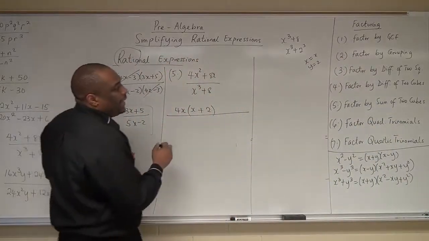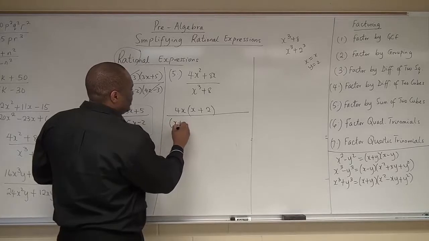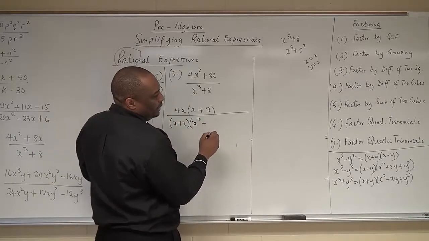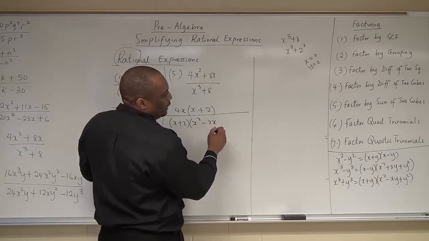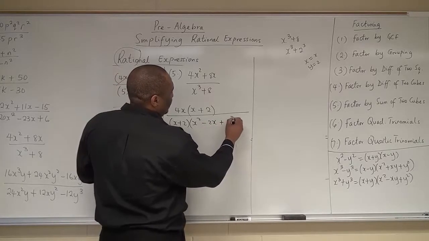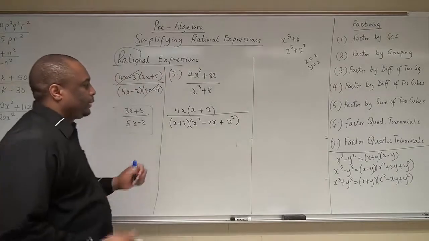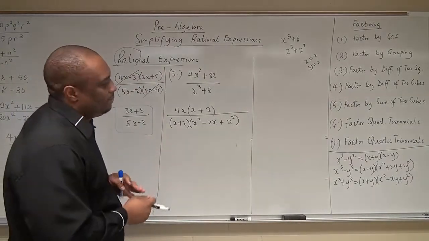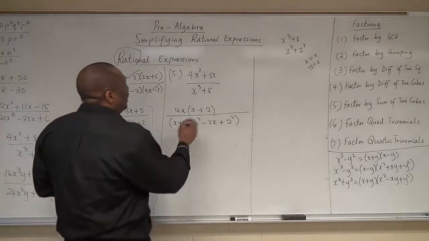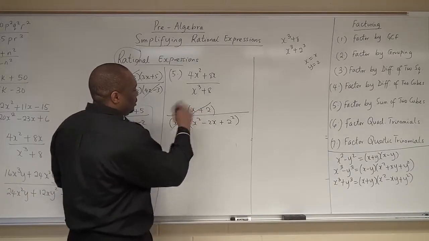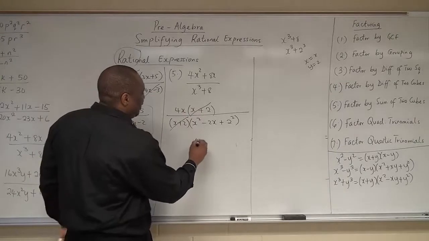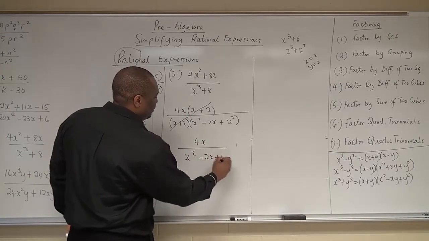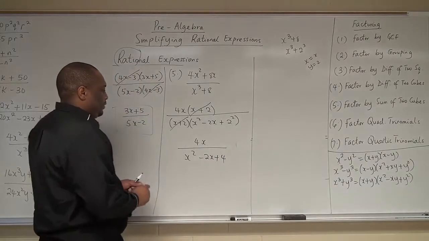This will be x plus 2 times x squared minus 2x plus 2 squared, minus x times 2, which is 2x, then plus 2 squared. So x plus 2 will cross out x plus 2, and you now have 4x over x squared minus 2x plus 4. This becomes your answer.